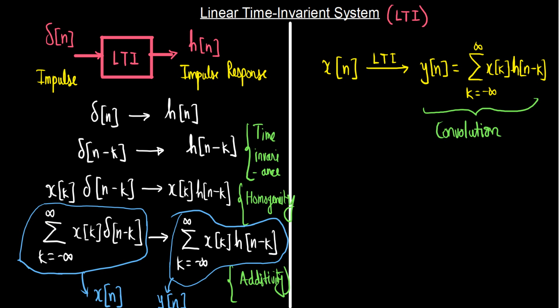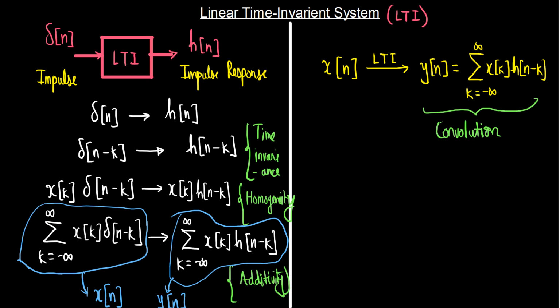What have we done? We have simply given the x of n as input to an LTI system, and we have found that the output of an LTI system is actually represented by scaled and shifted versions of the impulse response of that system. That means if we are aware of the impulse response of a system, we can calculate the output for any input.